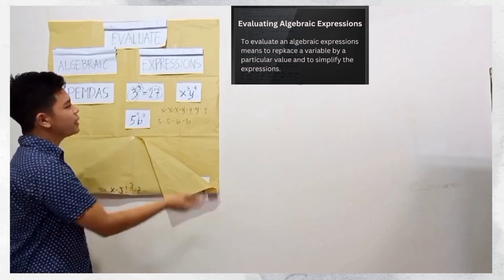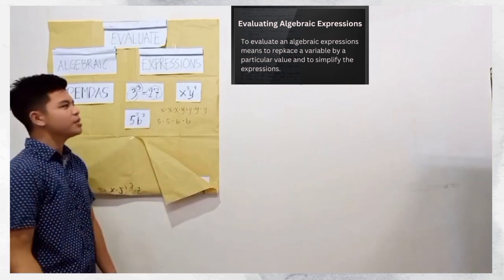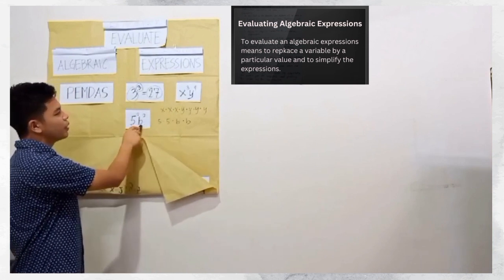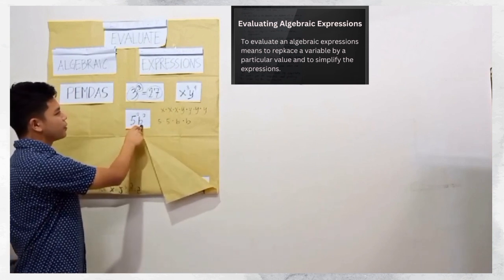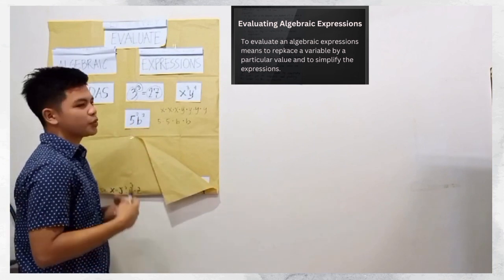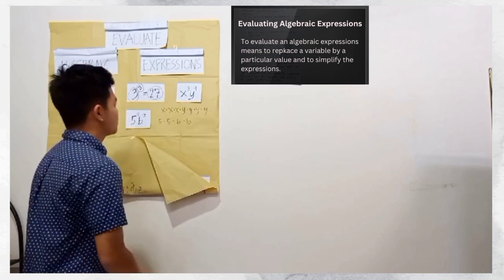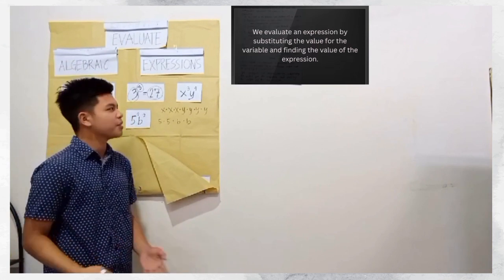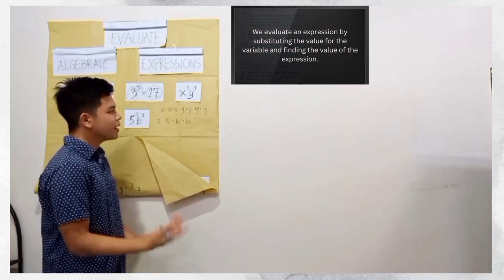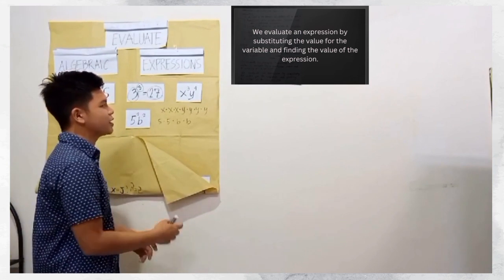So to evaluate an algebraic expression, we simply replace a value for the variable, and we are going to simplify the expression. So we evaluate an expression by substituting the value for the variable and finding the value of the expression.